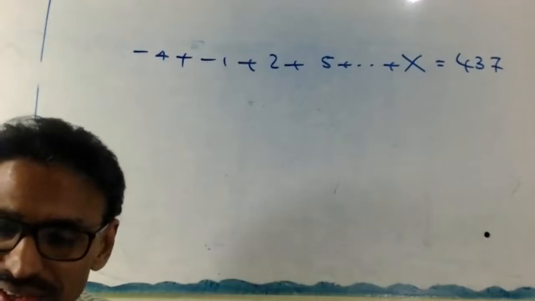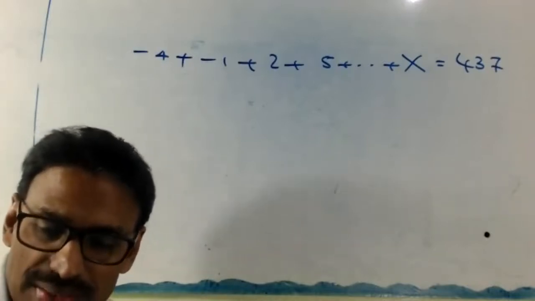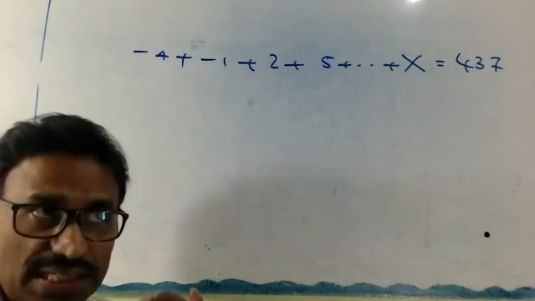Eight again. How come 867 is possible? The total is 437 only.